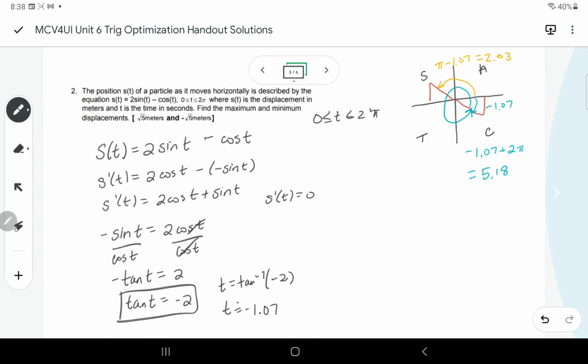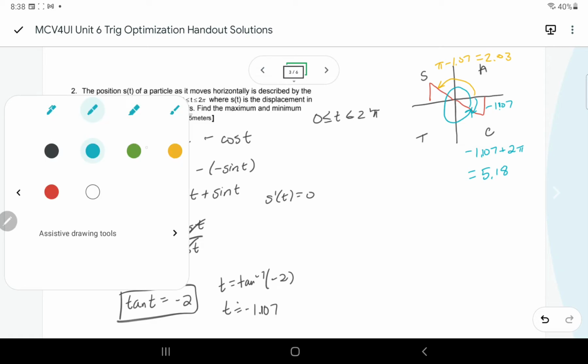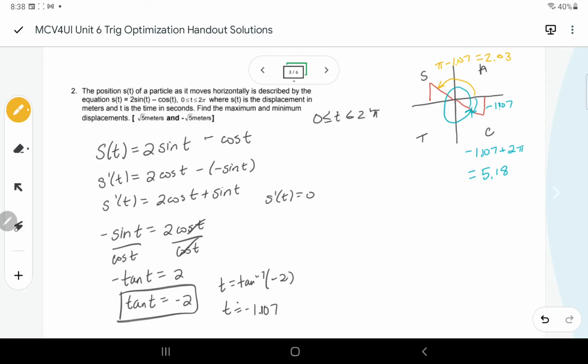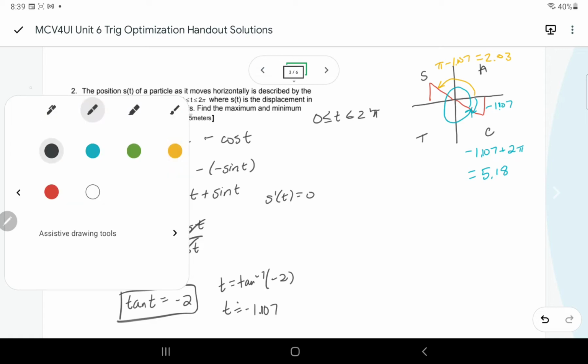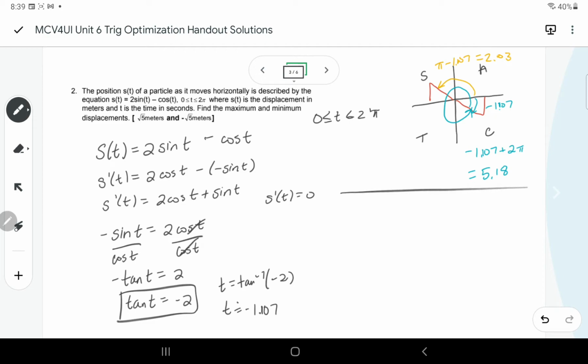Oh, and I made a little error there with my copying that down, but I did have the numbers written out right. It's 1.107 there. So I've got my two angles. I'm going to test the endpoints and the critical numbers.